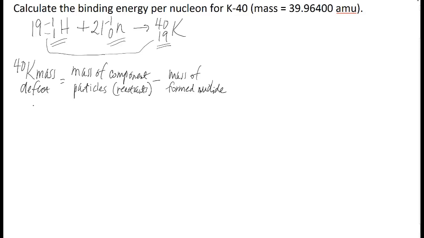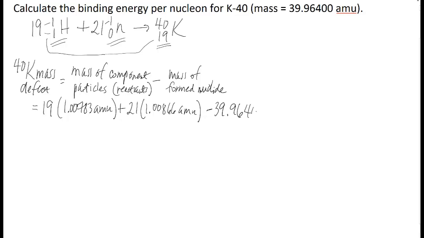Next, to find the mass of the component particles, you have 19 times the mass of the protons and electrons, that's in atomic mass units, plus 21 times the mass of a neutron, so you have 21 neutrons, and then you subtract the mass of the nuclide, which you're given. It's 39.96400. So when you do the math there, what you end up getting is 0.366663 AMU.